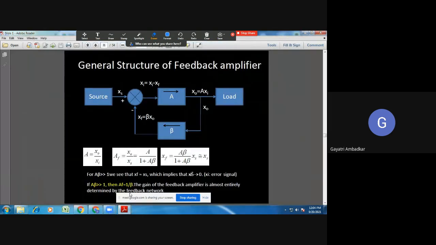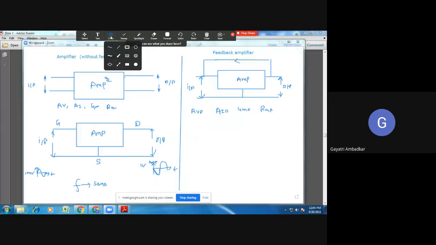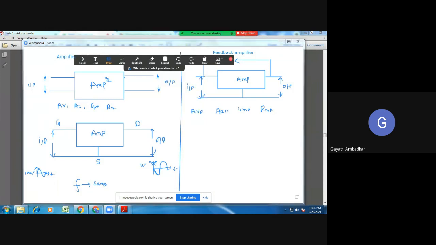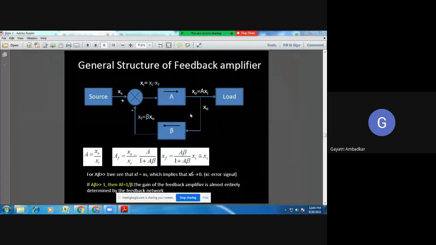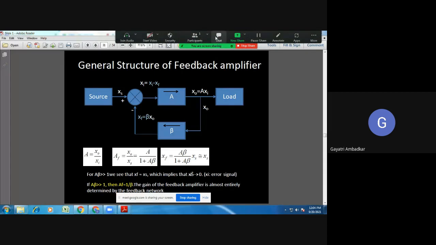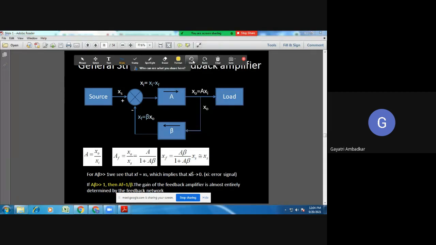Now, when we provide feedback to an amplifier, this is the amplifier. Look at this block I have highlighted.